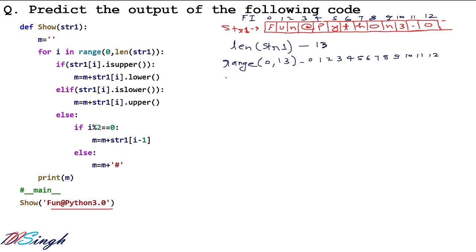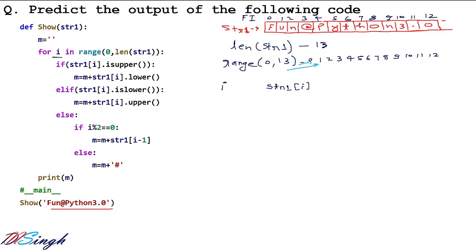Okay, once we get the range function output, now we go for the loop variable, that is i. So this is our loop variable. Again we are going to compute str1 of i, which will give the value at that index. Let me change the color of my pen. Okay, so here the i values will be picked from this range function sequence.